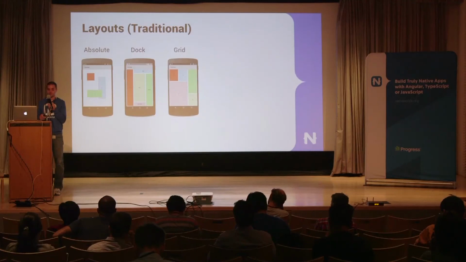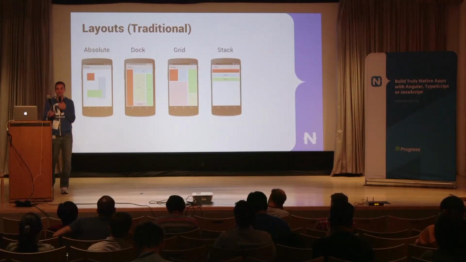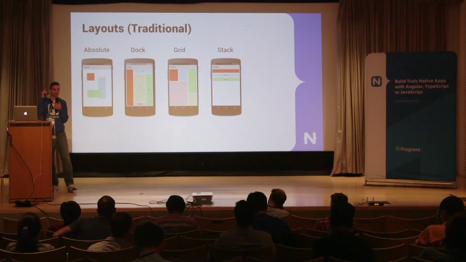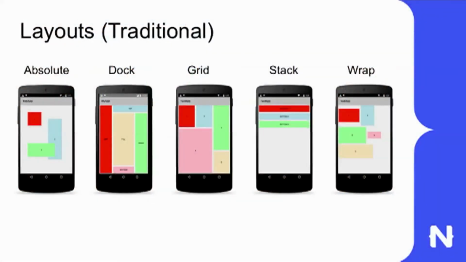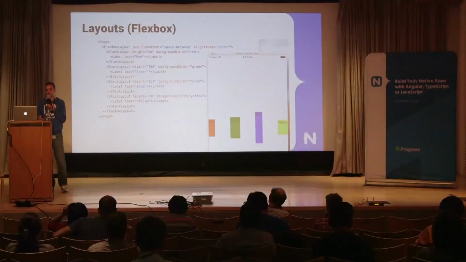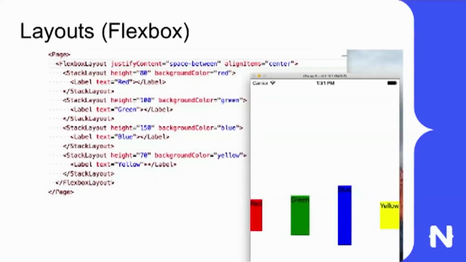We have a grid, which you can think of as a table-based layout. We also have a stack layout, and this simply stacks items on top of each other or horizontally, depending on how you specify. And we have a wrap layout that simply wraps elements around each other as space is available. There's also a flexbox layout. So if you're a flexbox person on the web, you can leverage flexbox in NativeScript.